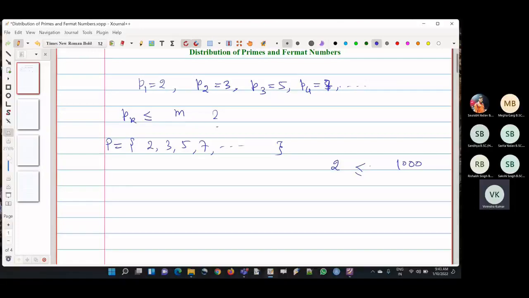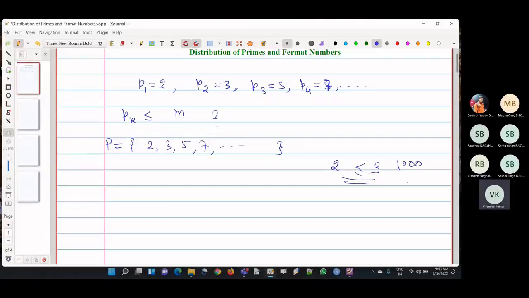If you write x less than 3, this is a much better inequality than writing 2 is less than 1000. Of course, there are so many numbers between 2 and 1000 which are greater than 2.